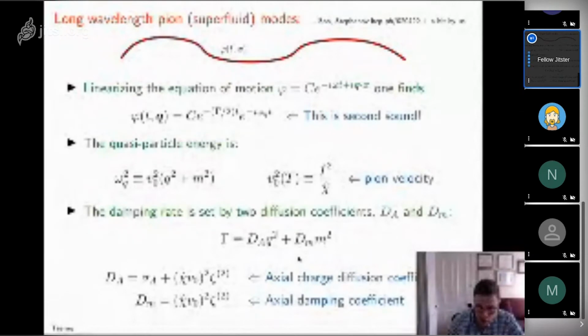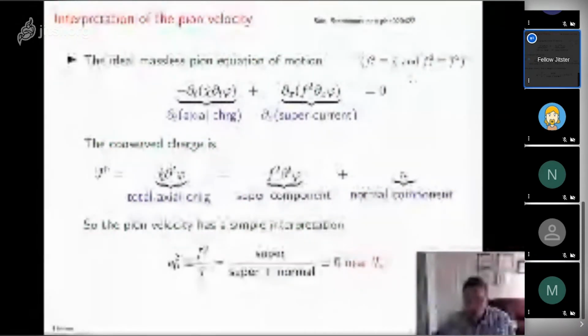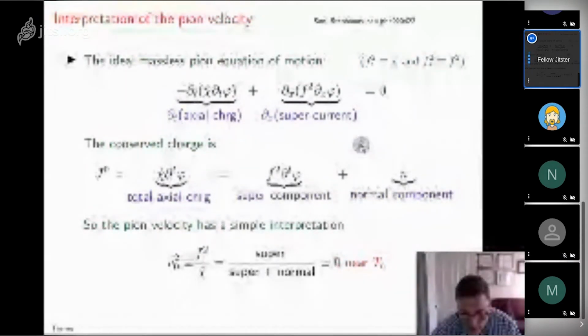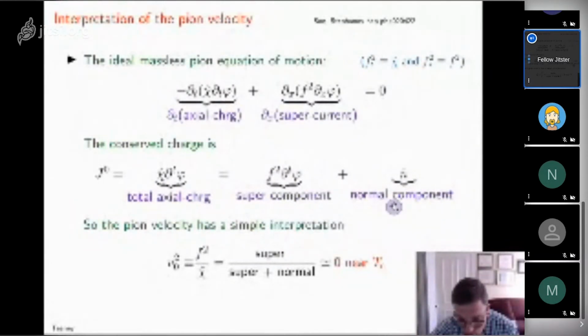Now, let's just interpret this pion velocity. I'd like to spend a second to interpret the pion velocity. The equation of motion for the pion, when you write it out in linearized form, looks like a scalar wave equation. The conservation of axial charge gives a scalar wave equation for the pion, with a piece from the conservation of axial charge and a divergence of the superfluid current. Now this conserved charge is the total axial charge. It has some piece which comes from the pion field, a super component, and some normal component, which is all the other higher hadronic states.